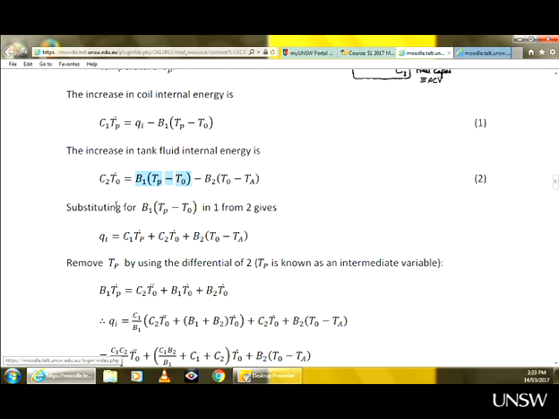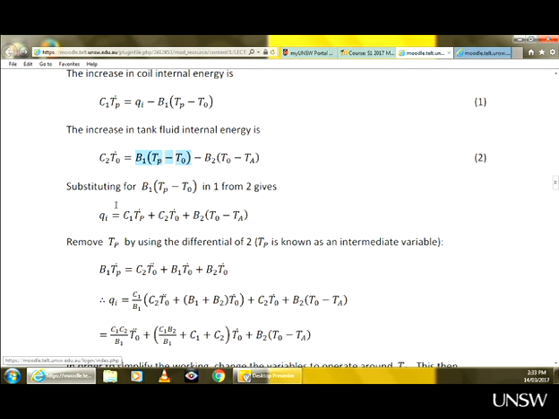From the first term you will have QI minus C1 TP dot, but that becomes plus on the other side of the equation, and then you have plus B2 (TO minus TA), and then plus C2 TO dot.